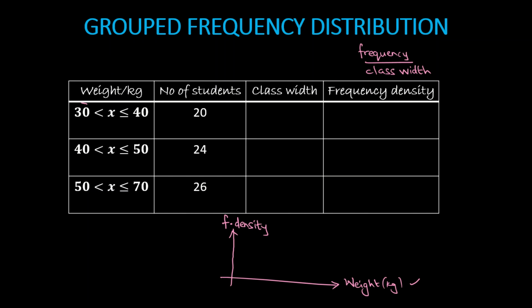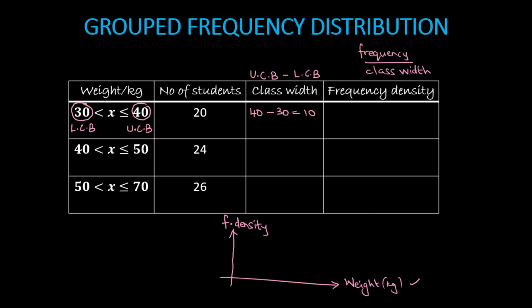Let us take the first interval from 30 to 40 kilograms. 30 is called the lower class boundary and 40 is the upper class boundary. Right? To obtain the class width, always you take the upper class boundary, you minus the lower class boundary. Right? So for the first interval, the class width is simply 40, which is the upper class boundary, minus 30, which is the lower class boundary, and it gives 10.